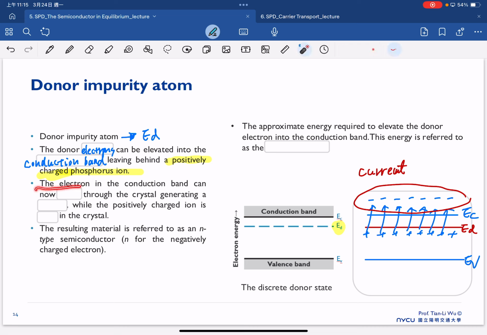So the electron in the conduction band can now move through the crystal, generating a current. But the positive charge ions will be fixed in the crystal.